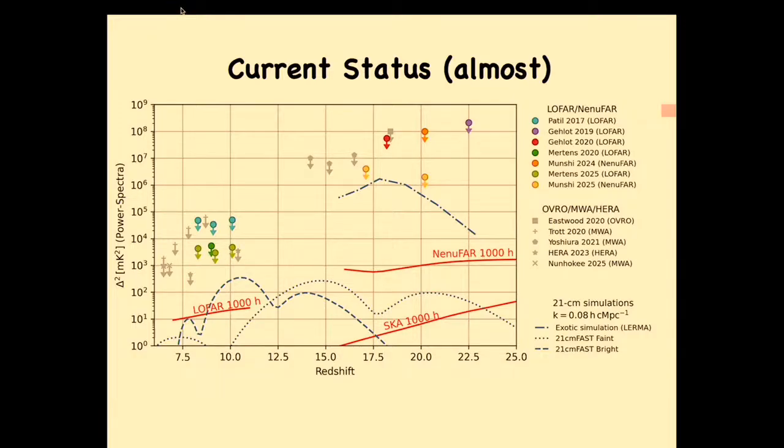And Mertens 2025, I think this is the stuff that we have published recently. It's this. We also have from NenuFAR, which is the French side, a recent result, which is this. This is what you expect from EDGES, right? If EDGES was correct. So we are getting close to ruling out the EDGES result also. All kinds of experiments.